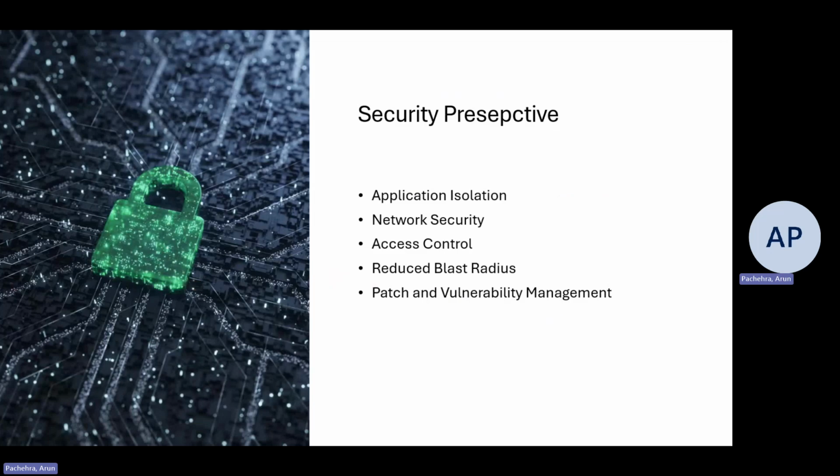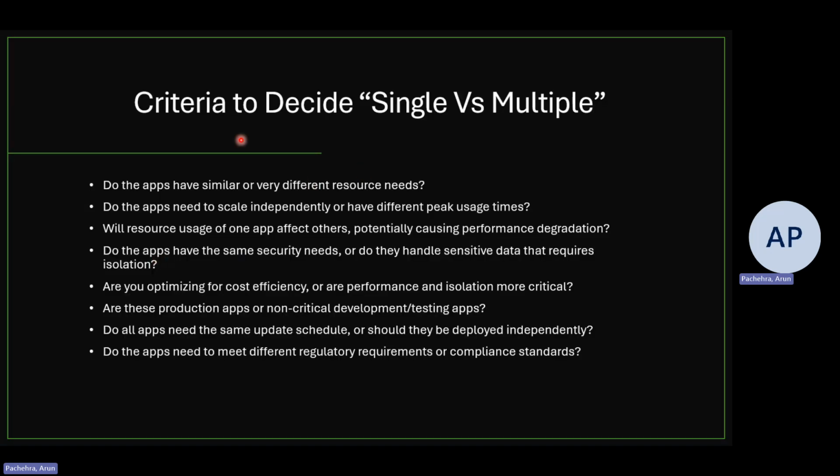Now we need to ask some questions, right? Those questions will help us find out the right answer for us: single plan or multiple plans. These are the criteria to decide single versus multiple plans for your app services. The first question is, do the applications have similar or different resource needs?